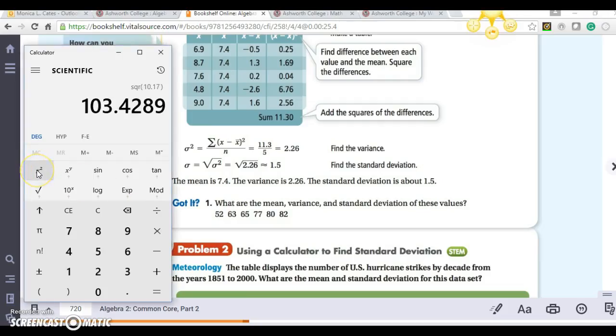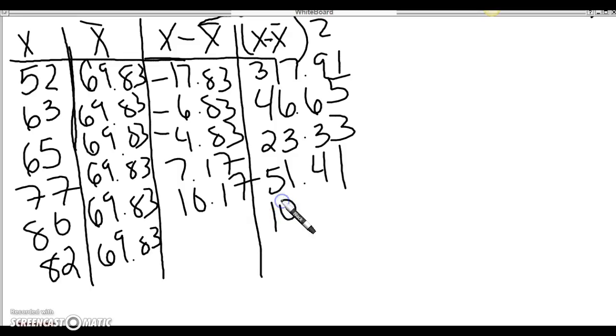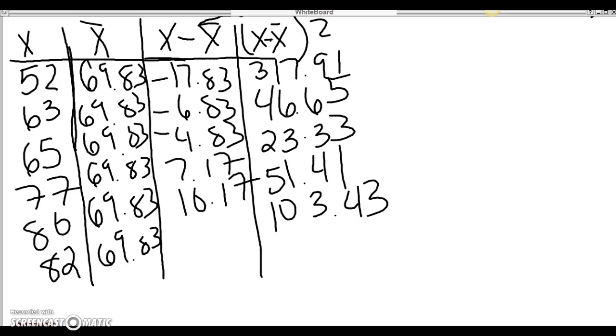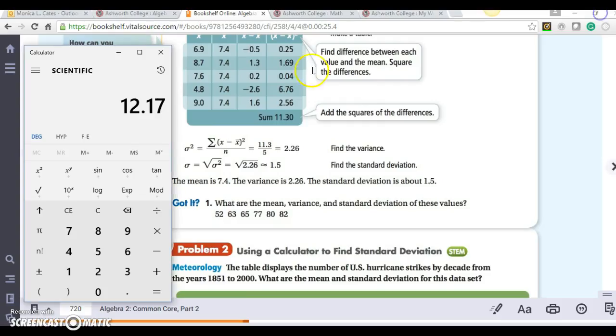I square it, and I get 103.43. And the last one is 82 minus 69.83. I'll get 12.17. And I square it, and I get 148.11.